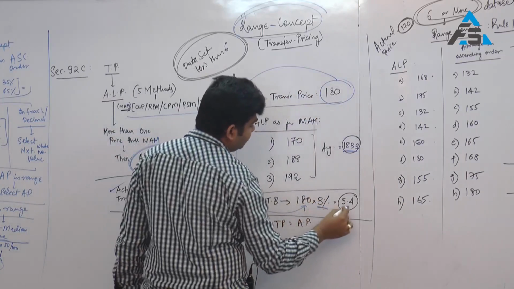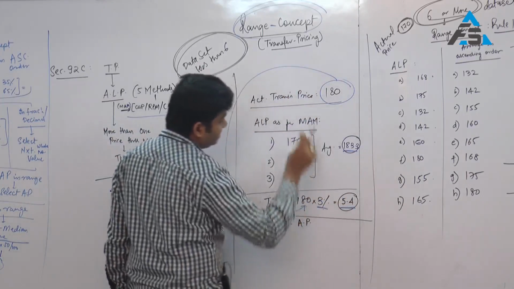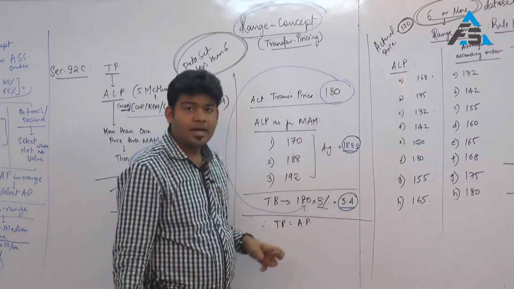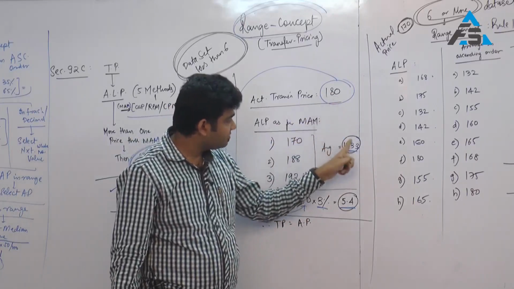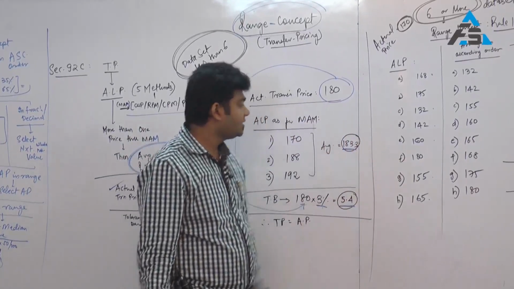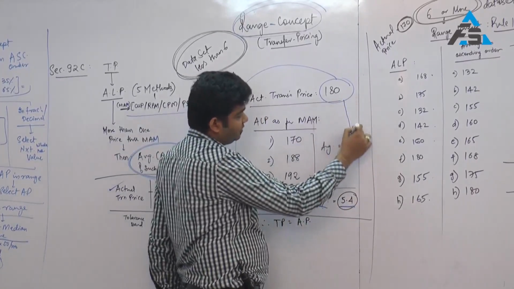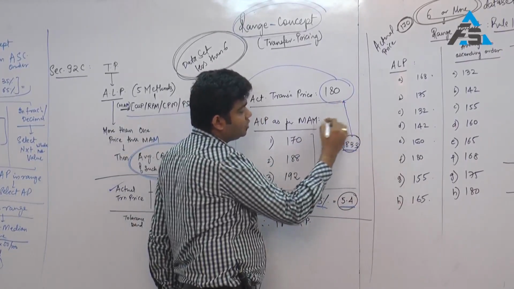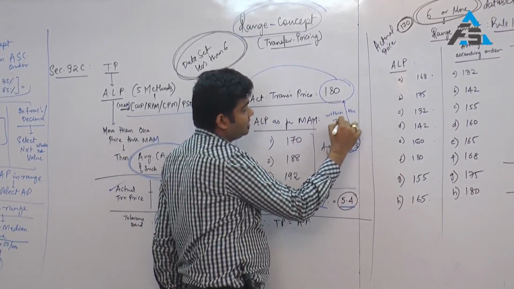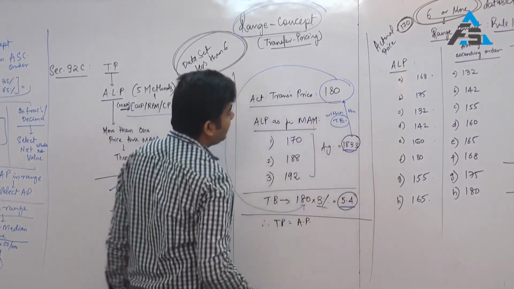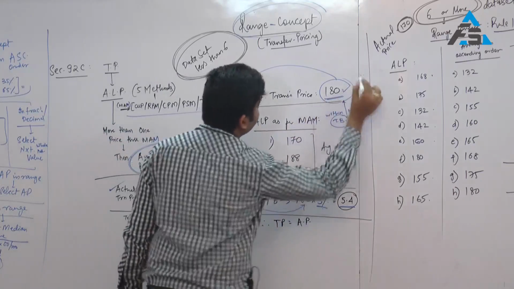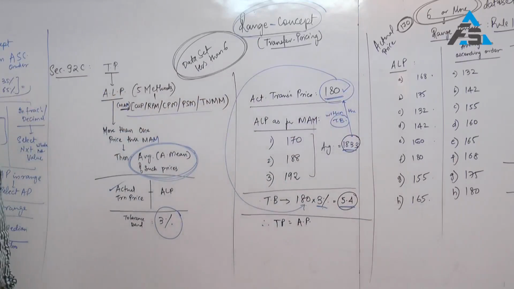So 180 into 3% is 5.4. So a deviation of 5.4 is still allowed with the average ALP. And if you can see here, is 180 more than or less than 185.4? The answer is it is less than 185.4. So it is within the tolerance band, and hence my transaction price will be considered appropriate.